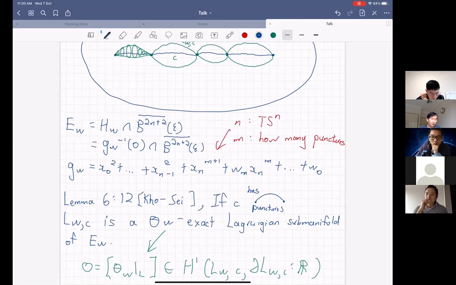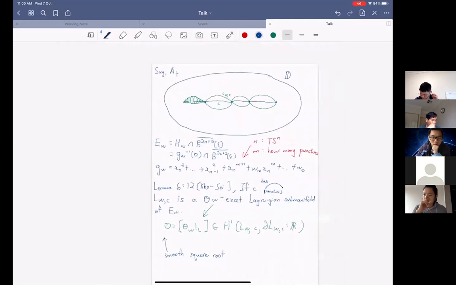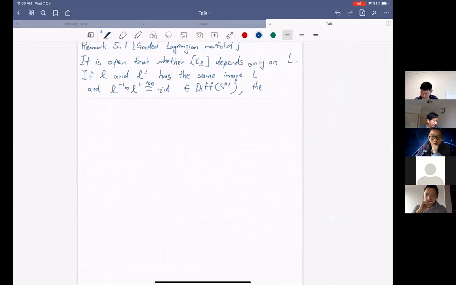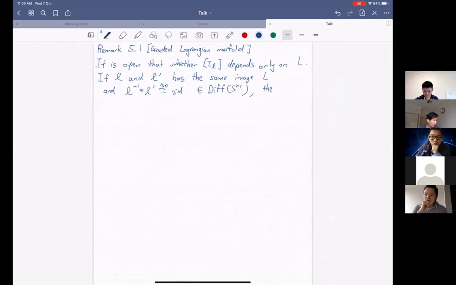I think C is always included. Even in the path, usually you can't have an open path. C is a path, a curve joining two points, so it has to be.